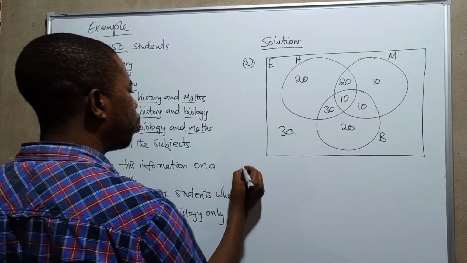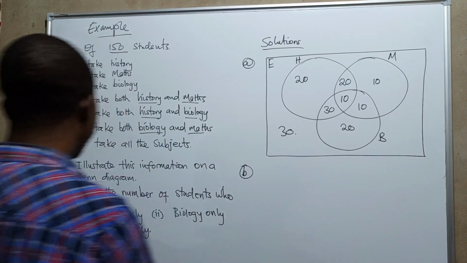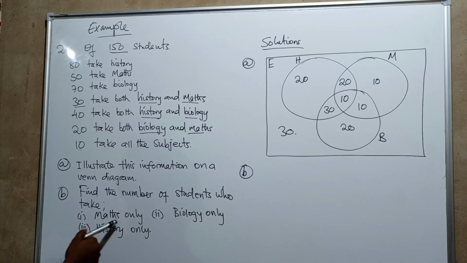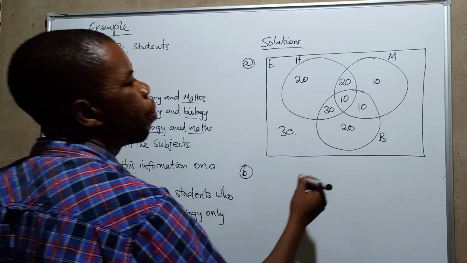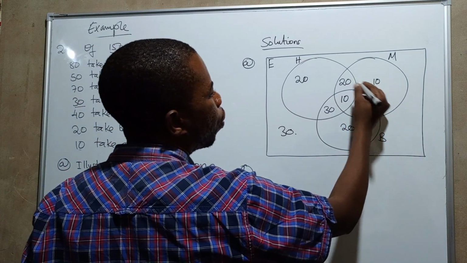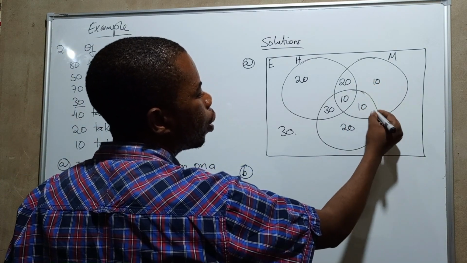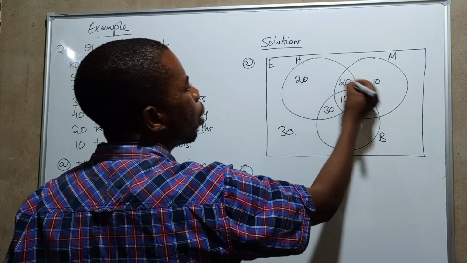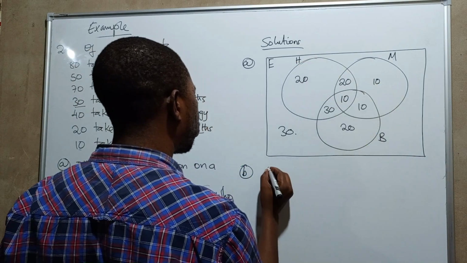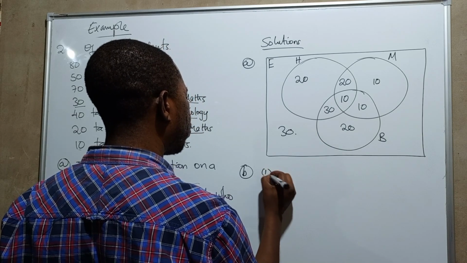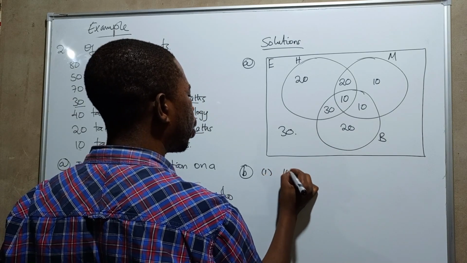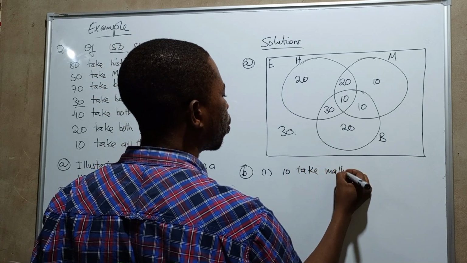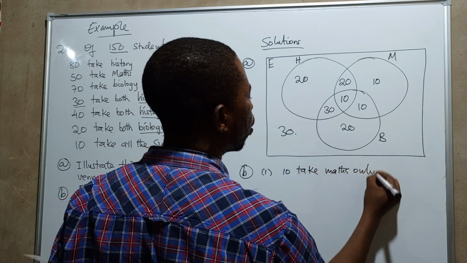Now we go to B. They are saying find the number of students who take mathematics only. So those who take mathematics only are these that are not found in biology or history. So for maths, 10 take maths only.